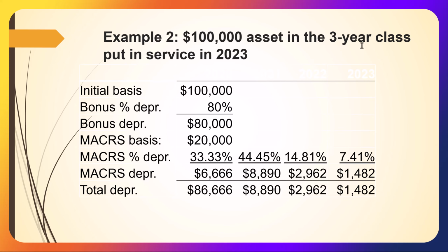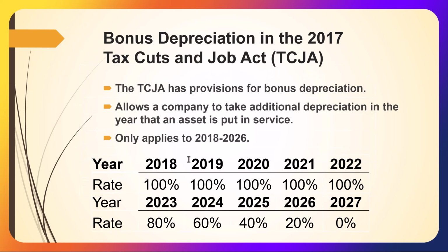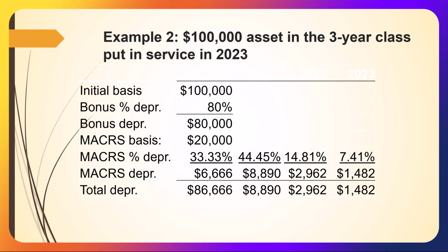So we have an asset, it's a 3-year class asset. We put it in service in 2023. In 2023, I was allowed to take an 80% bonus. 80% of the basis is $80,000. That leaves $20,000. The first year's MACRS percentage is 33.33%. 33.33% of 20,000 is 6,666.